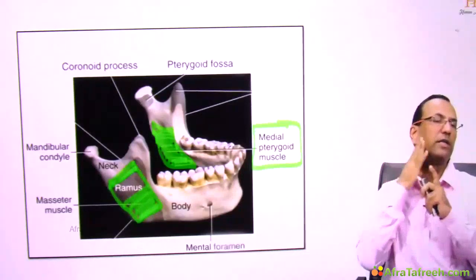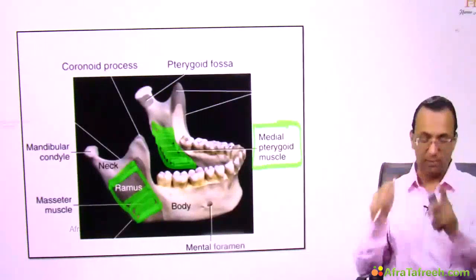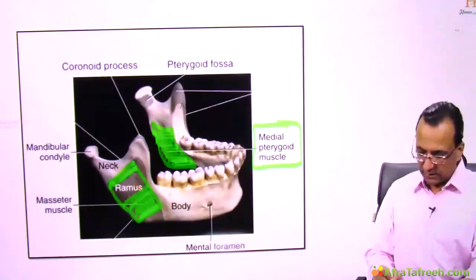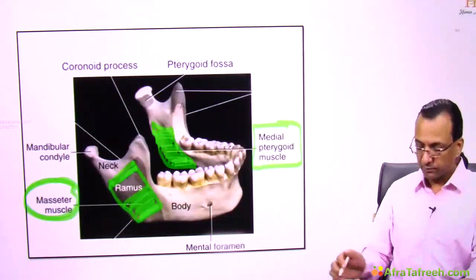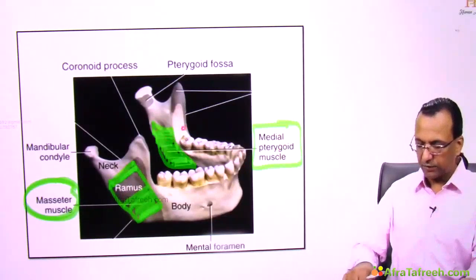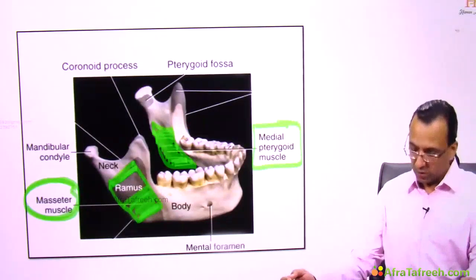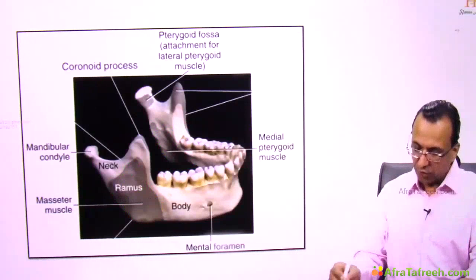Yes, because the masseter is outside and the medial pterygoid is inside, so they sandwich the ramus of the mandible in between. Okay.